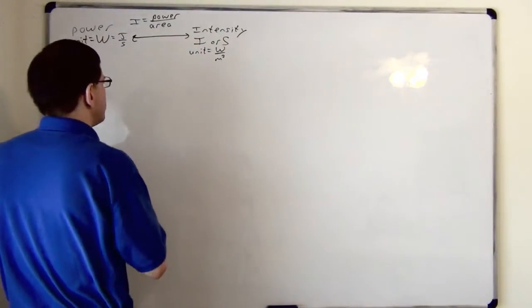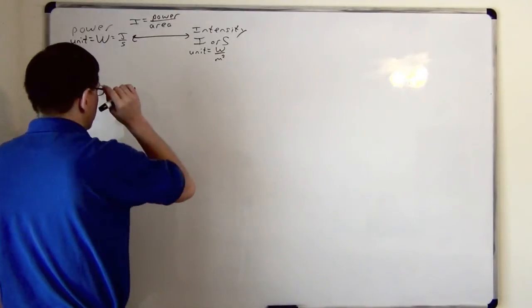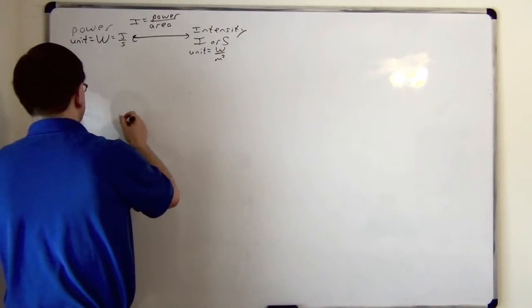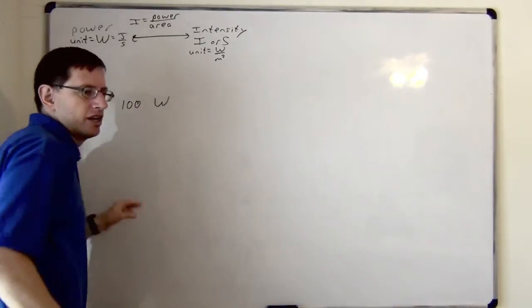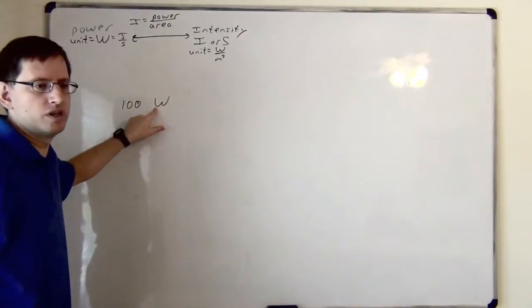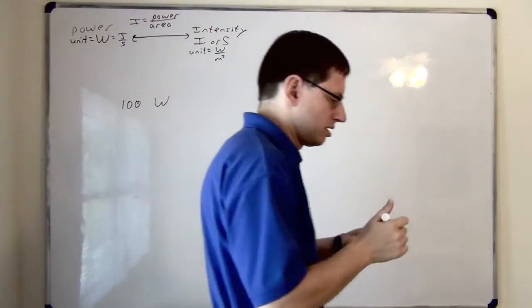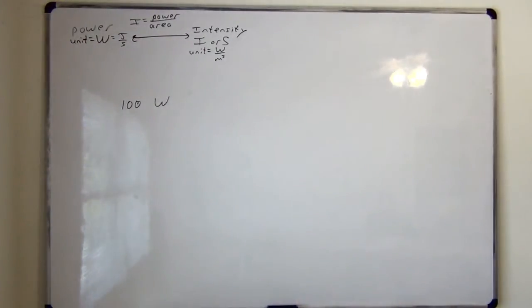Let's see, in the problem we did a second ago, I gave you a 100-watt source, like a 100-watt light bulb. How would you interpret that in words? What does that mean? It distributes 100 joules per second for every 1 second. Good.